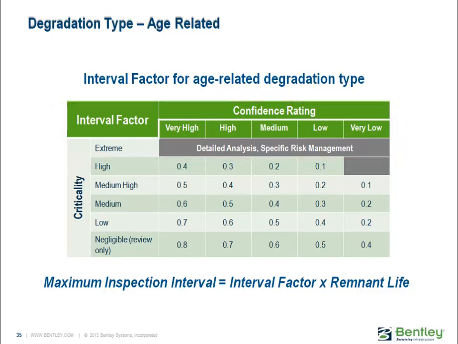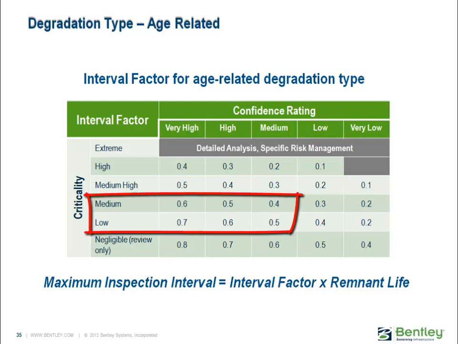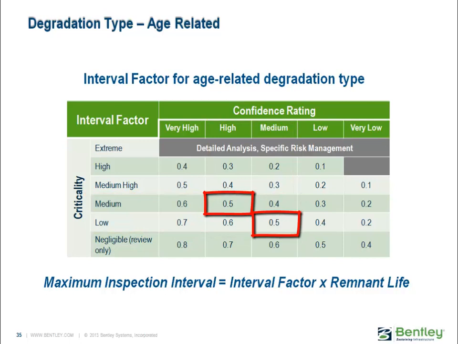Also, you can see here that an asset with a medium criticality with medium to high confidence rating is going to have the interval factor of 0.5. This is the same interval factor that is prescribed in API 510 or API 570 for an average asset.